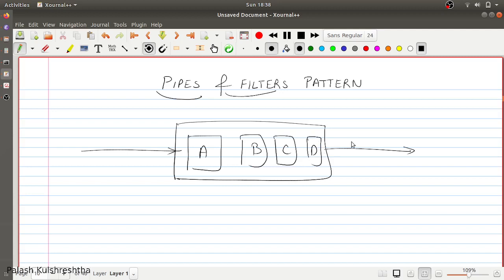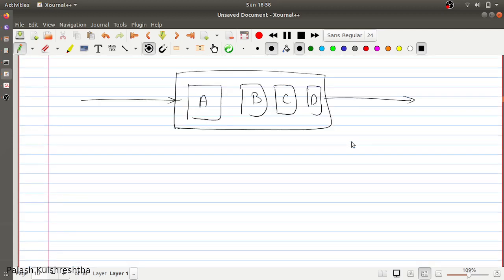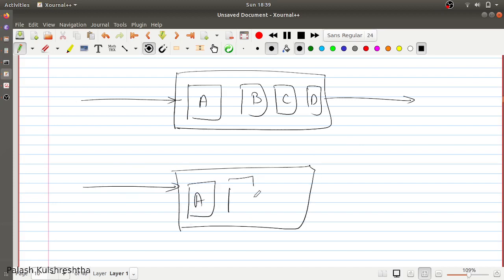Now let's say we want to create another application which wants to do another processing, in which we require the processing like A, B, and F, right?